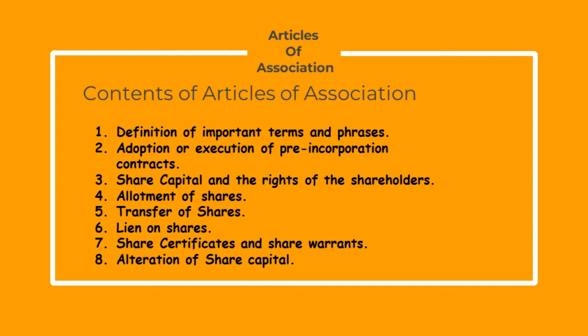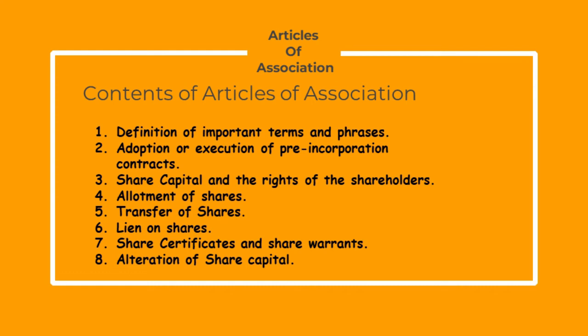Accounts and audit. Again, articles will contain the provisions with respect to appointment of chartered accountants, conduct of internal audit, statutory audit, and so on and so forth. Common seal of the company: what is the common seal of the company? Voting rights, proxies, till winding up of the company.